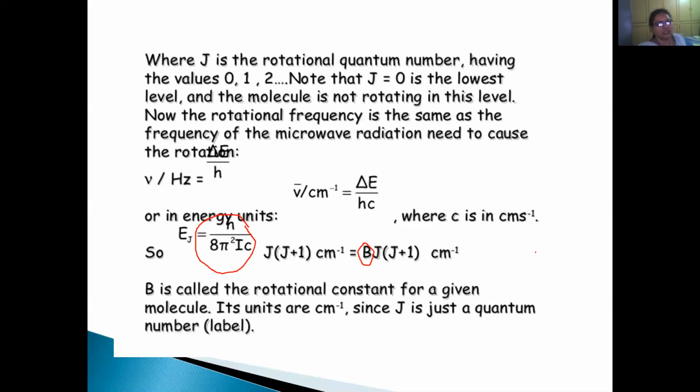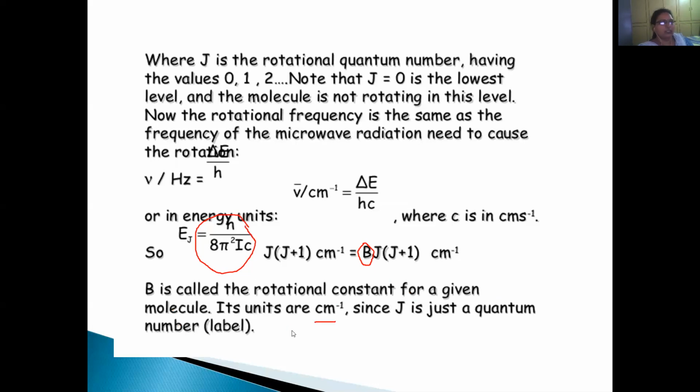This is the wave number for this equation. B is called the rotational constant for a given molecule. Its units are per centimeter, since J is just a quantum number.